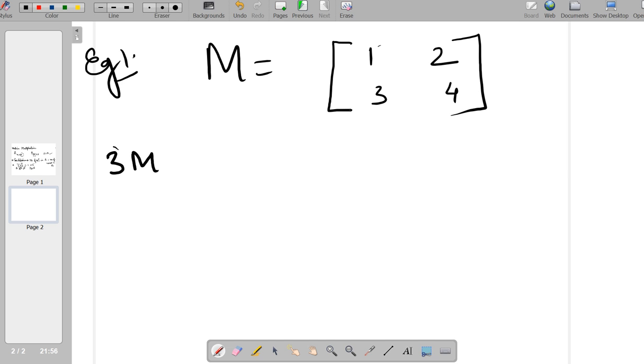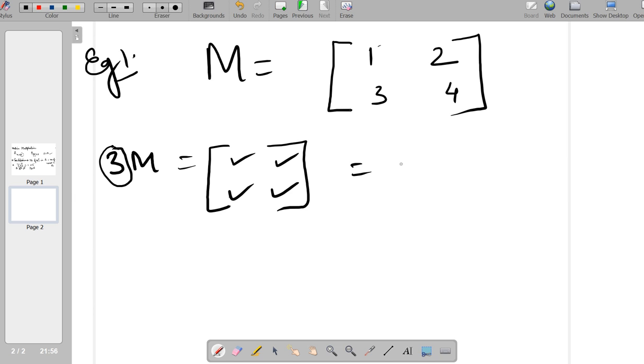Here 3 is a scalar value, a scalar number, and this has to be multiplied to the elements of matrix M. So 3M means all the 4 values will be multiplied by 3.